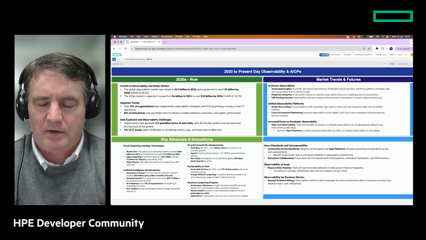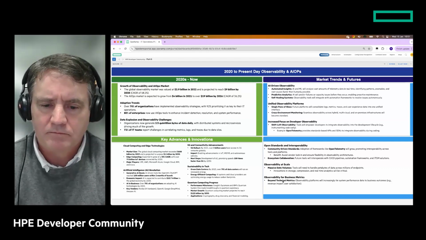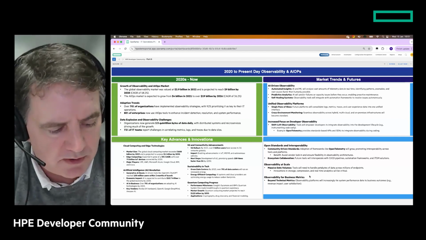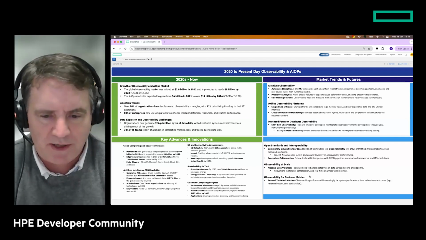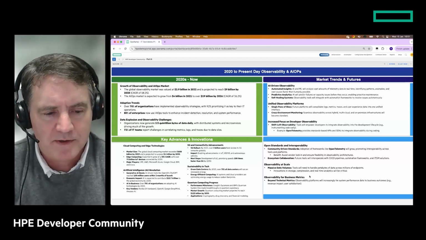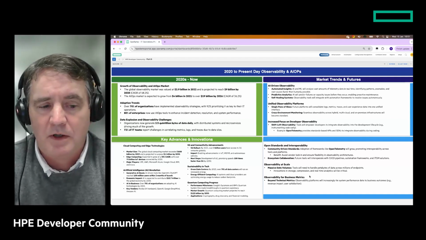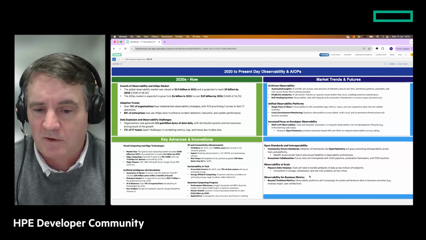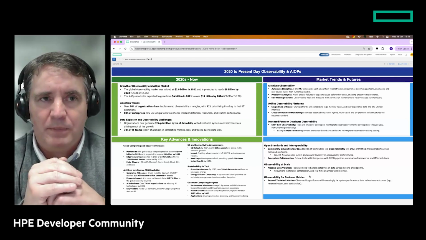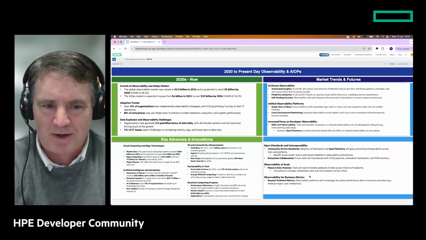Now, the last one I'll talk about here, observability for business metrics. This used to be known as business service management, BSM, for those of you that have been around a long time. For those of you not familiar, this has been an aspiration for a long, long time, being able to align the business with IT.